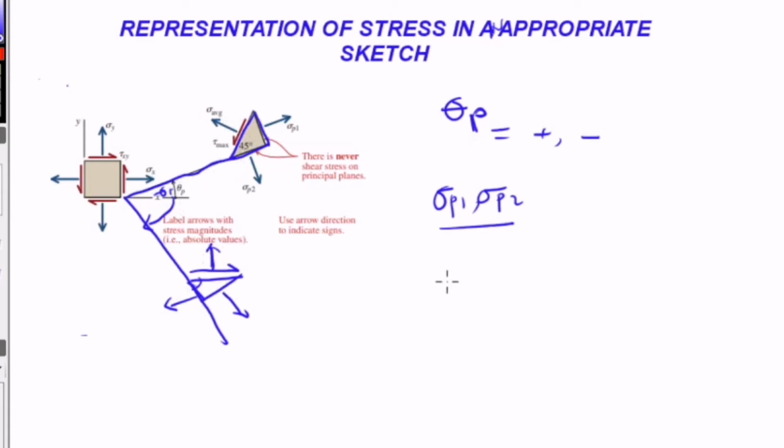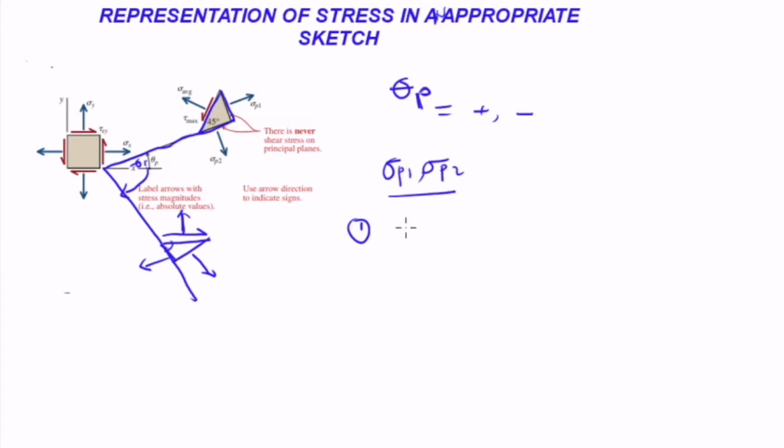That's different here. So the first condition I'm going to talk about is when the principal stresses, which are P1 and P2, are both positive. How we are going to draw the wedge element here is that you are going to have your triangle, very nice, and you have your 45 degrees here, always compulsory.